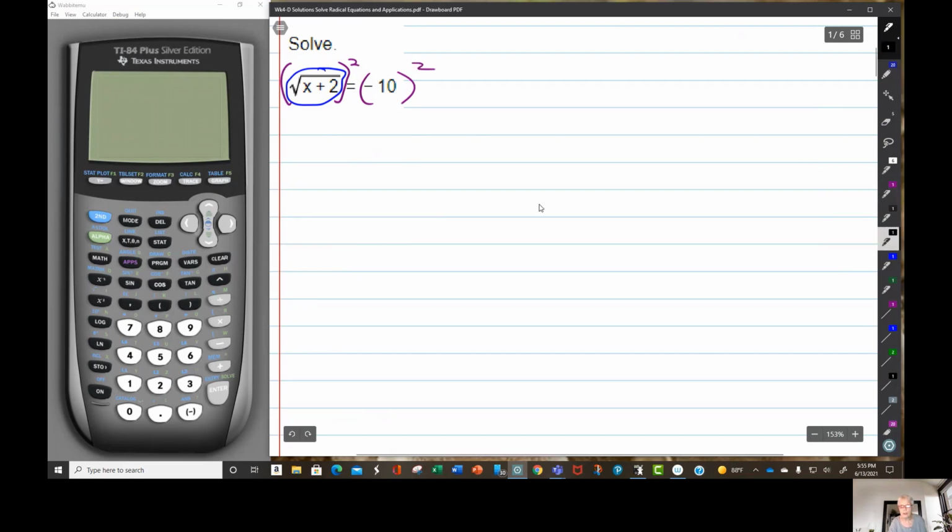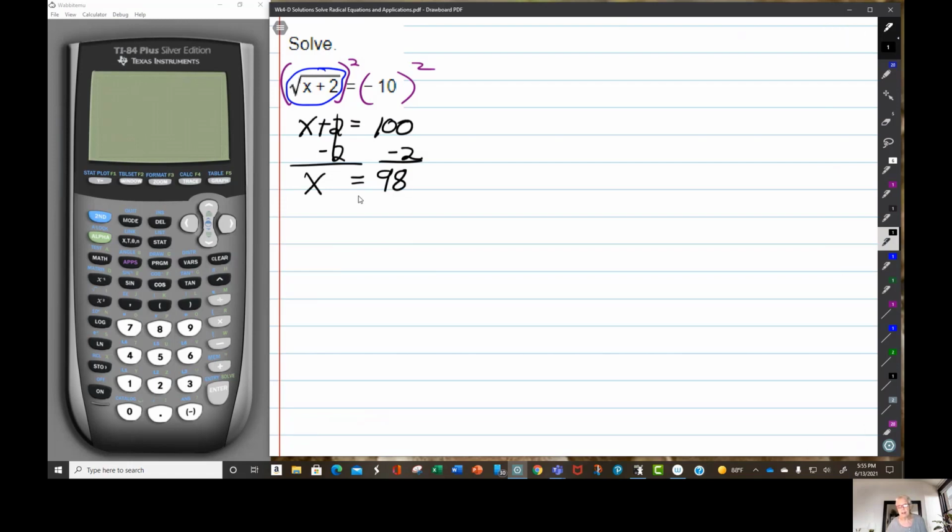Now squaring a square root takes the radical off, so we have x plus 2 equals 100. -10 times -10 is 100. Now I subtract 2 and subtract 2. So I have x equals 98.